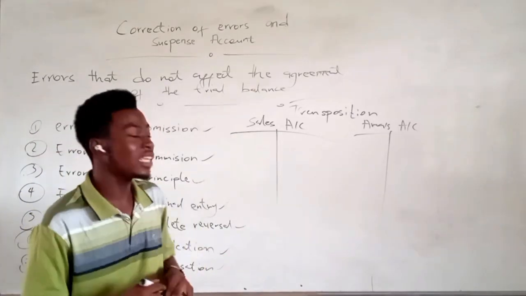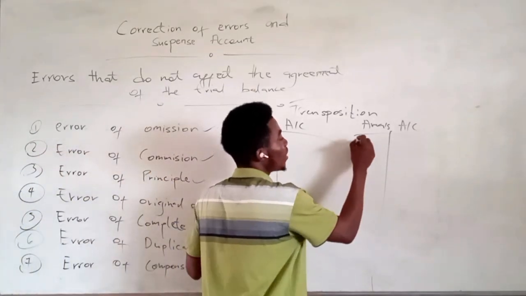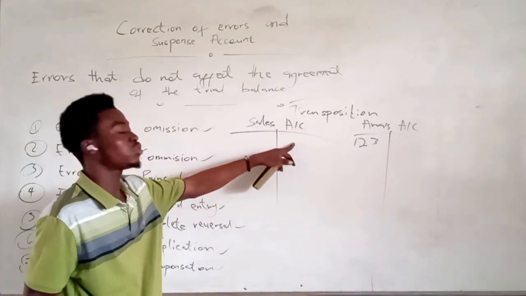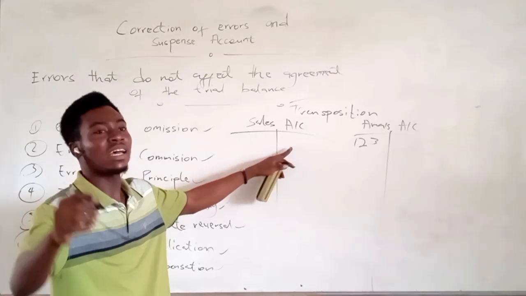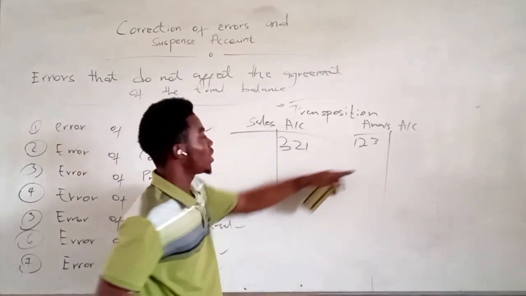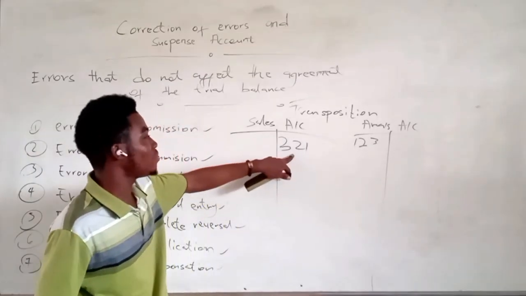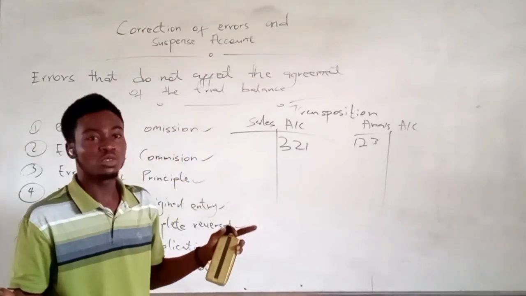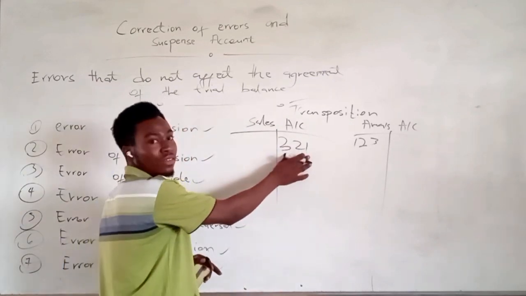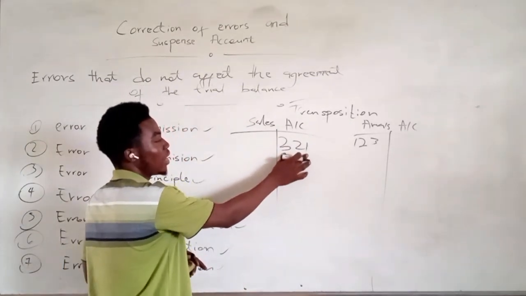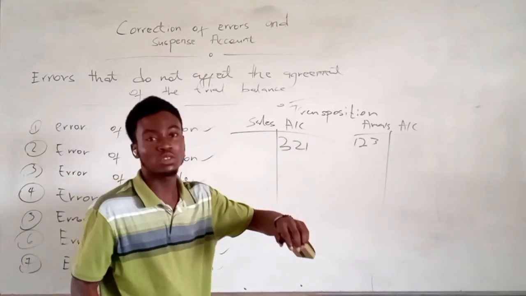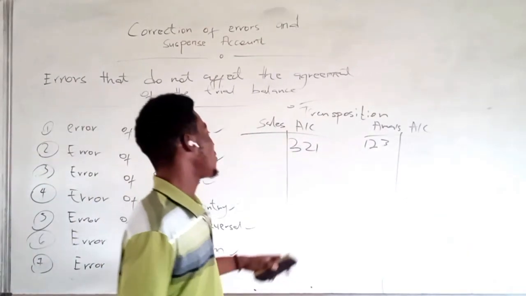So in this case, we are supposed to debit Amex account with 123 and credit sales account with 123. But we rather credited sales account with 321. You can see that the figures are the same, but they have been transposed. So this is how we are going to correct it. Just find the difference of the amount, and then debit it to cancel it out. So the difference is 198.